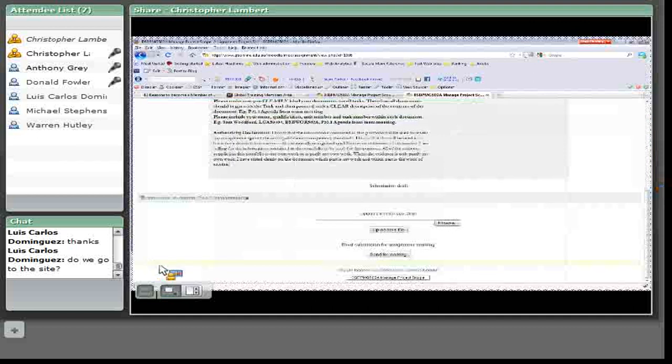You will see at the bottom, once you've loaded something, you can send for marking. Once it's sent for marking, you won't be allowed to upload anything more. That's so that we can do the assessment.